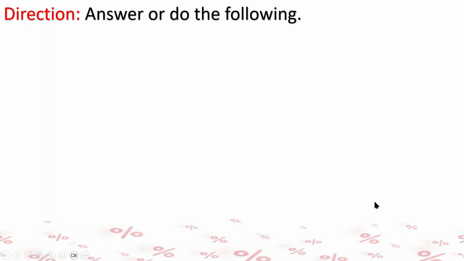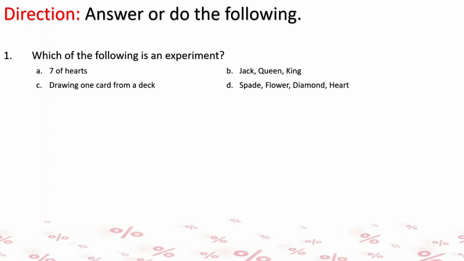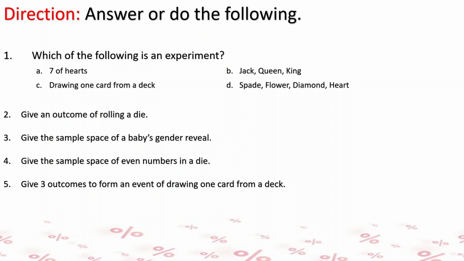Now let's have the following questions as our assignment. For numbers 1, 3, and 4, there's only one correct answer each. But for numbers 2 and 5, there are plenty of correct answers. So I'm not expecting you to have the same answers for those two numbers.